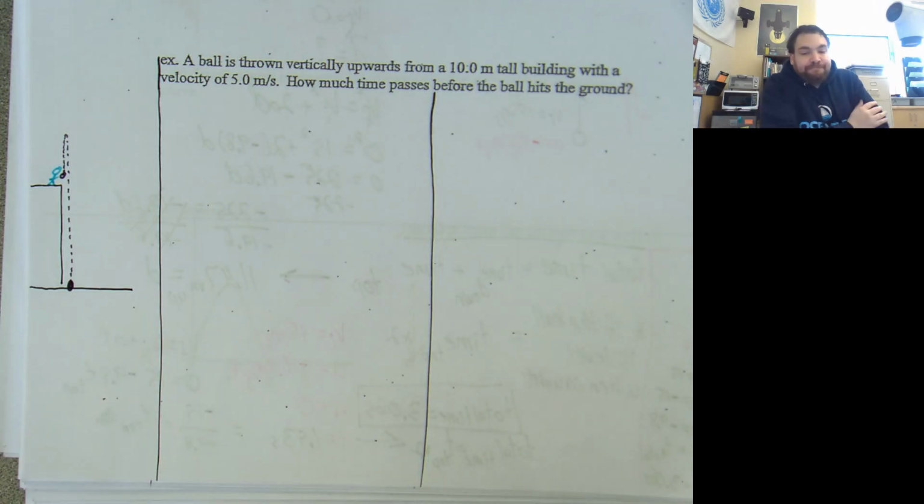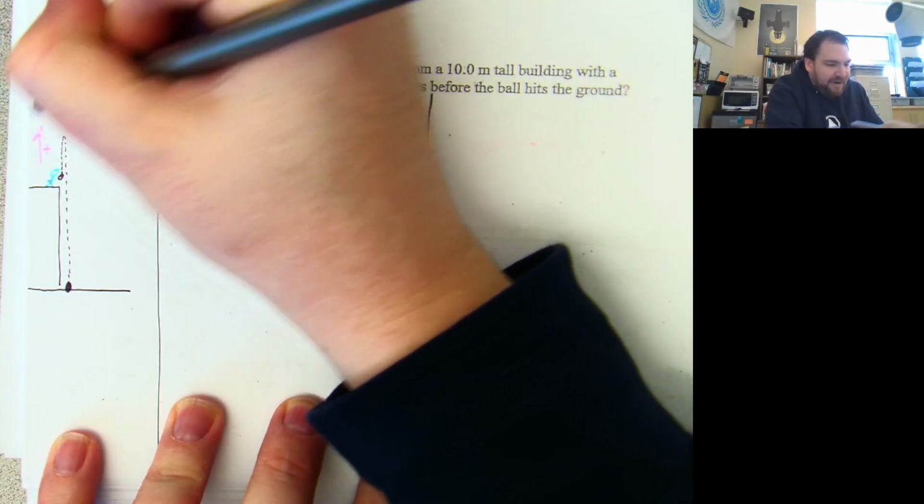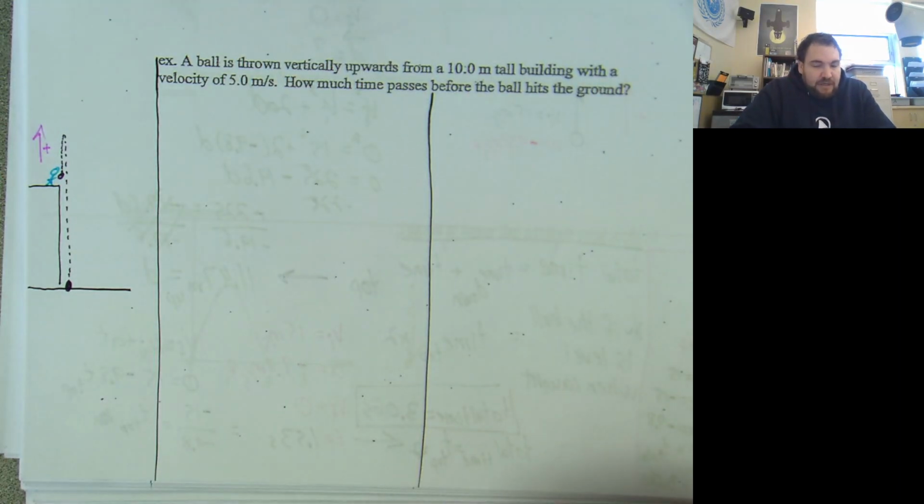What do we know? Let's label the picture with as much detail as we can. What way do you want to call positive? Up positive? Okay. That wasn't supposed to sound as judgy as it did. Let's call up positive because that's what Ray Reid said to do. What else do we know?